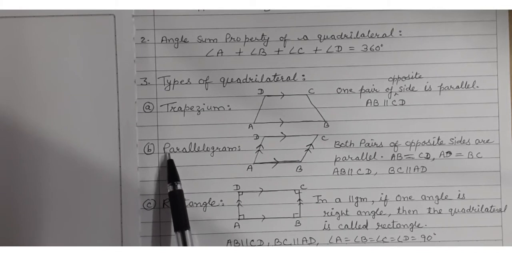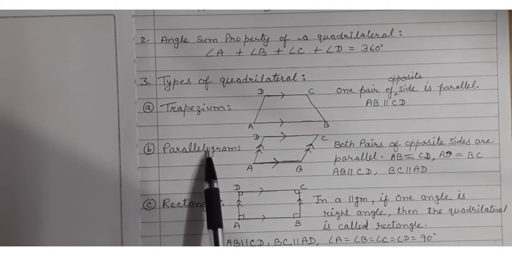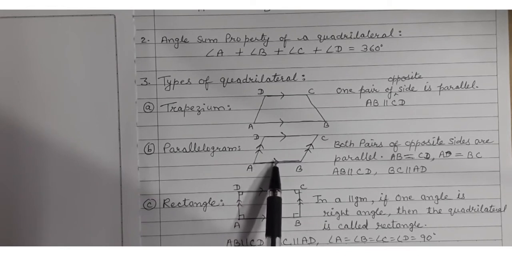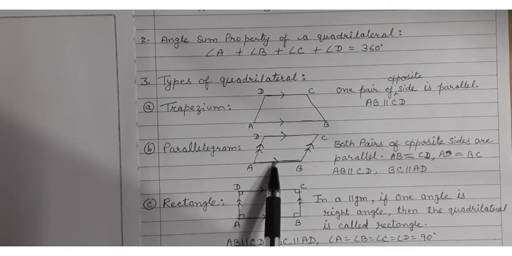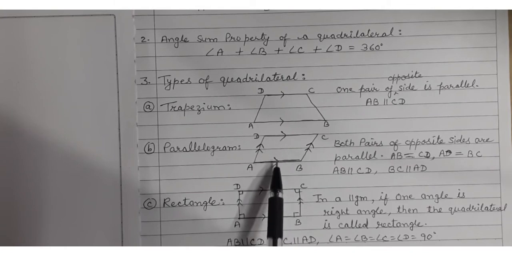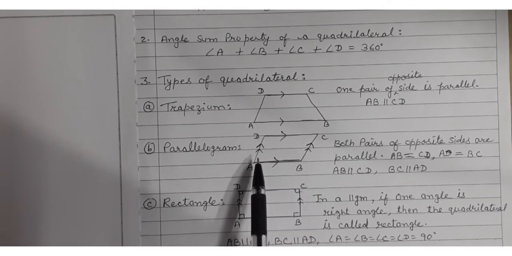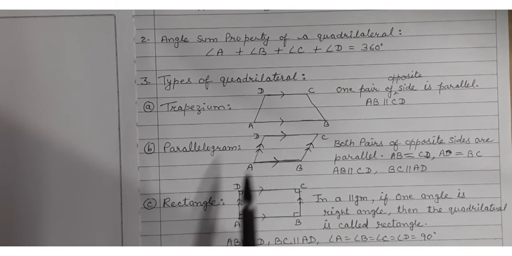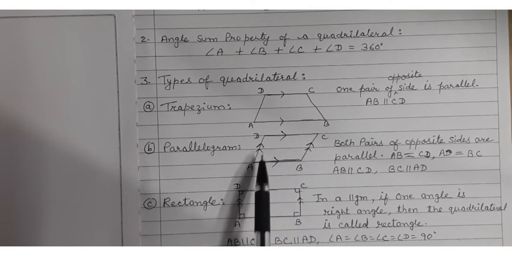Then the second one is a parallelogram. In a parallelogram, the important thing is that both pairs of opposite sides are parallel. AB is parallel to CD and BC is parallel to AD. And one more important thing, opposite sides are equal also: AB is equal to CD and BC is equal to AD.